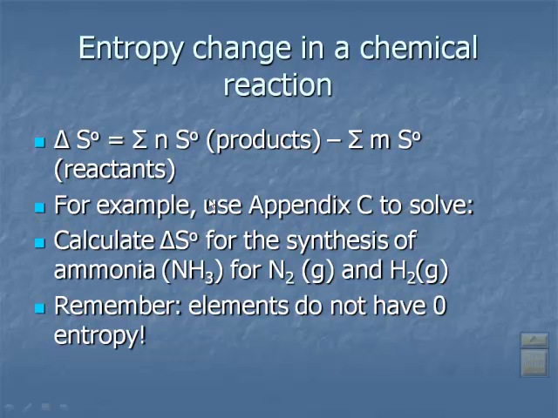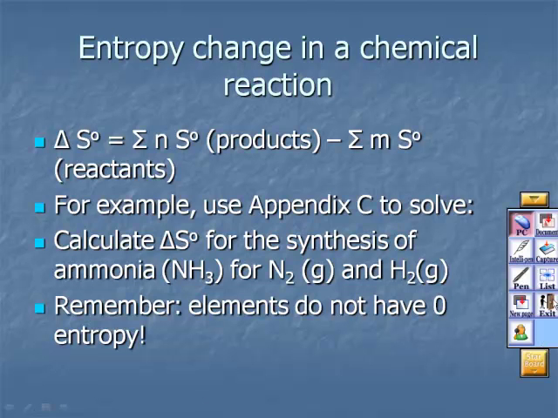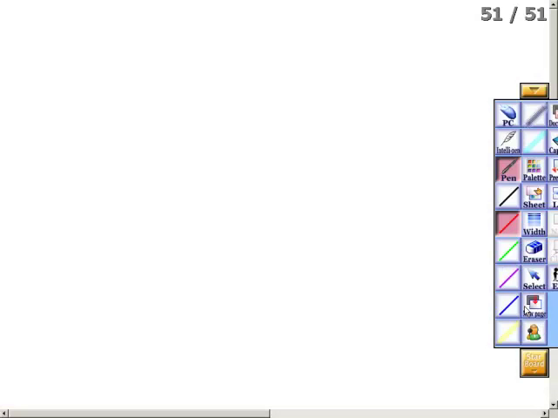For example, I want you to use Appendix C to solve the following. Calculate delta S standard for the synthesis of ammonia from nitrogen and hydrogen. Remember, elements do not have 0 entropy. I'm doing this as a random sample example. We are forming ammonia, correct?